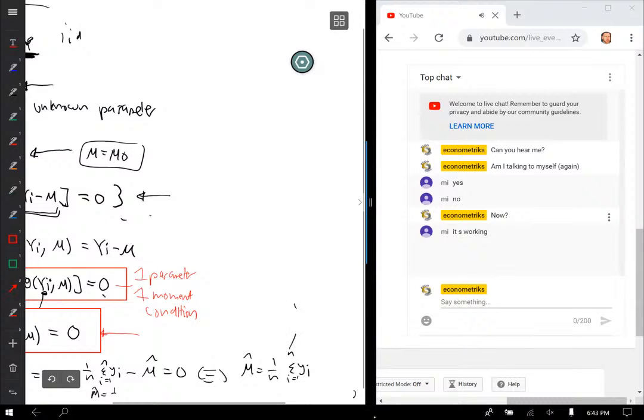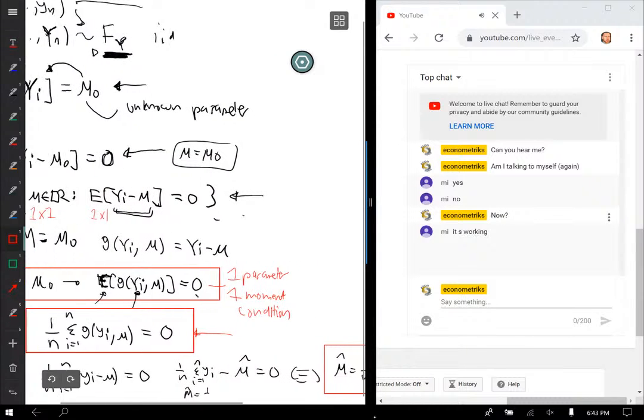Sometimes we call this just y bar for short, the sample average of y. So we've seen that the sample mean is just a method of moments estimator for the unknown population mean. The population mean solves this simple population moment restriction, and the sample mean solves the sample version.